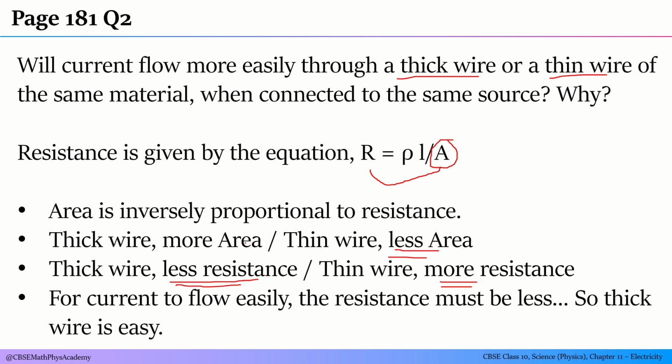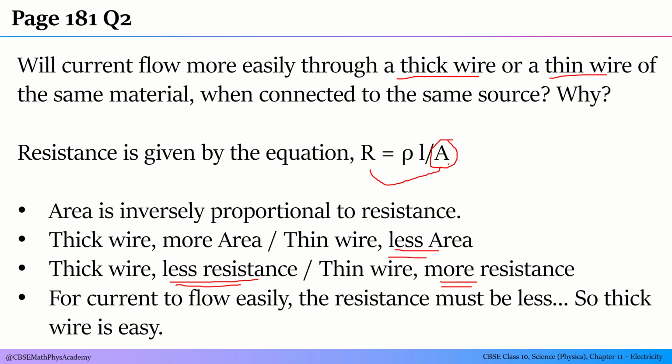Say area is 100 centimeter square or whatever, and another, lesser area is 10. Just consider all other factors as one. This is just a mathematical representation for your understanding. So rho and L you consider as one, just to simplify the calculation. Put area equal to 100 and see what the resistance is.